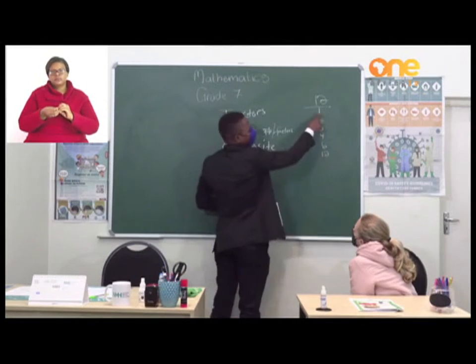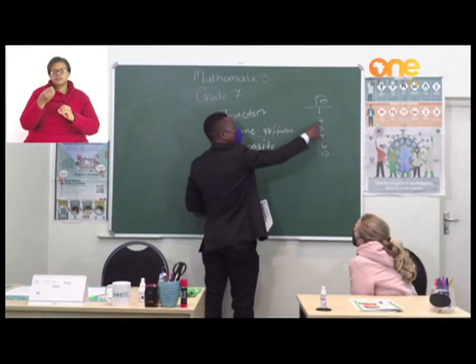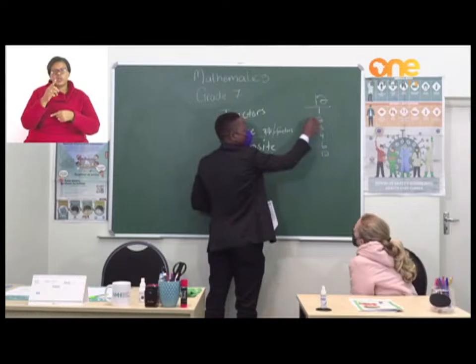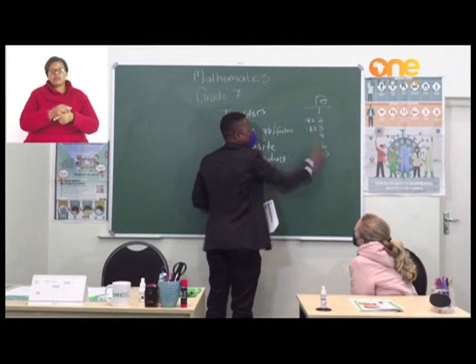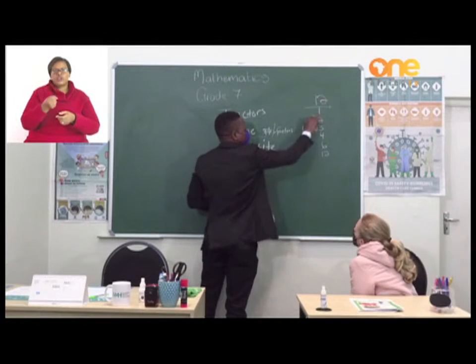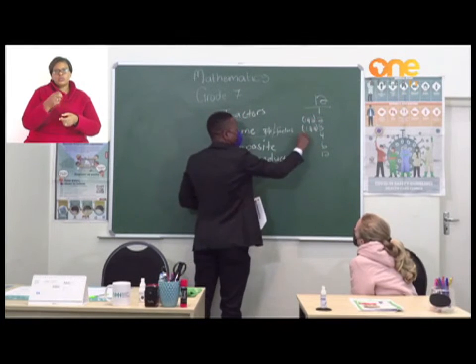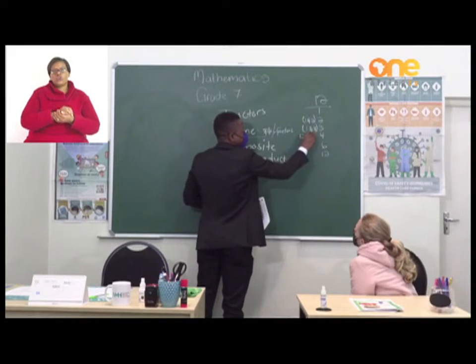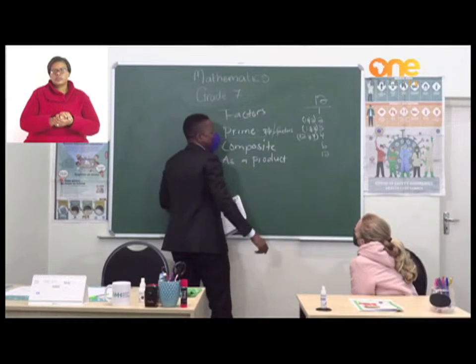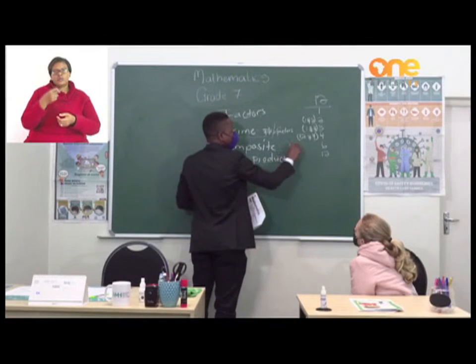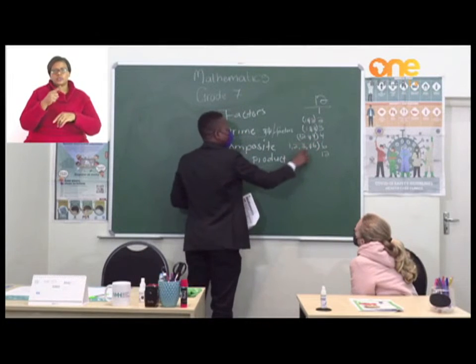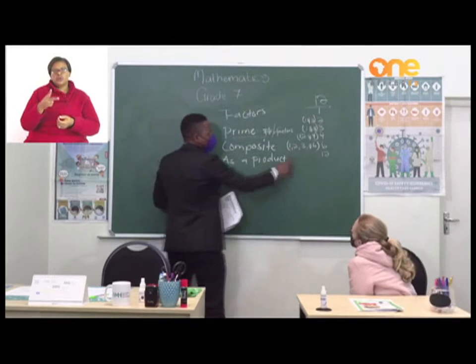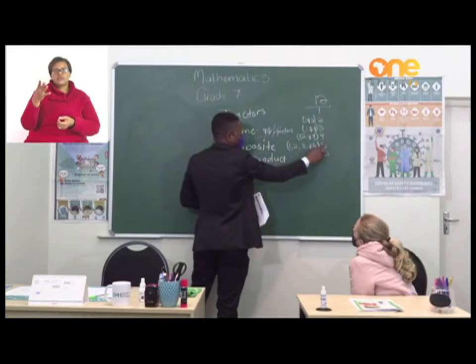Let's look at the factors of 1. 1 is only having one factor, which is 1. 2 has got two factors, which is 1 and 2. 3 has got 1 and 3. 4 has got 1, 2, and 4. 6 has got 1, 2, 3, and 6. 12 has got 1, 2, 3, 4, 6, and 12.